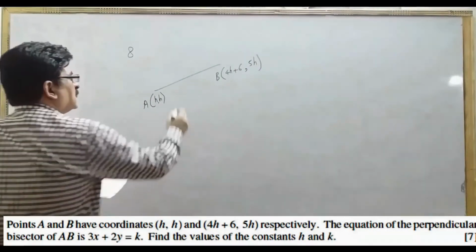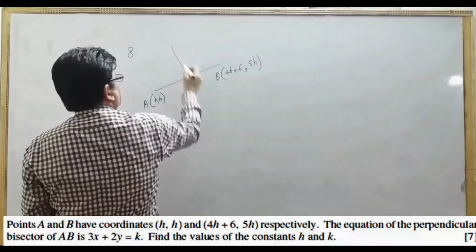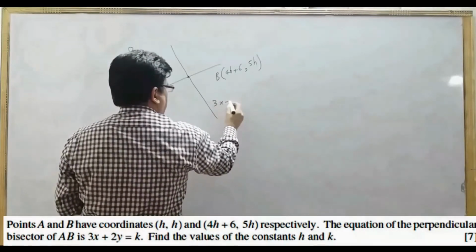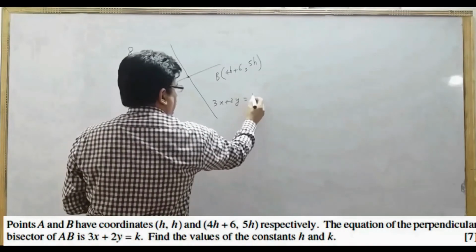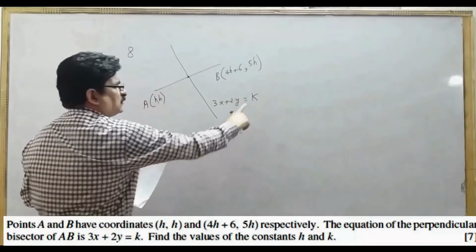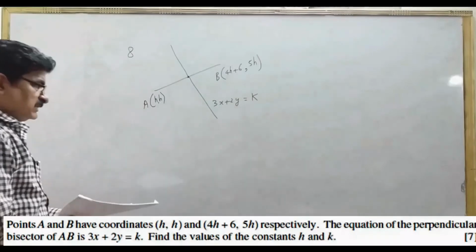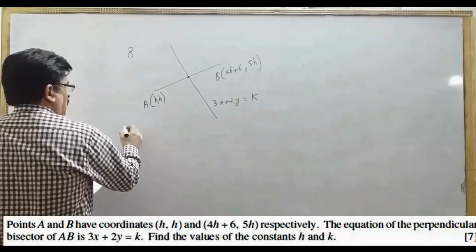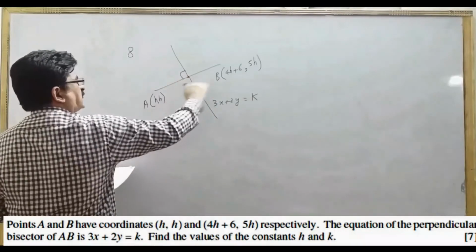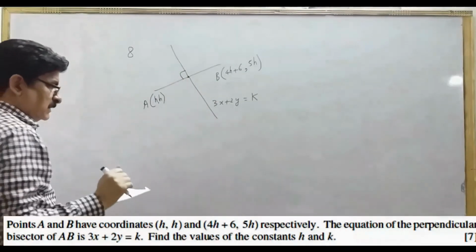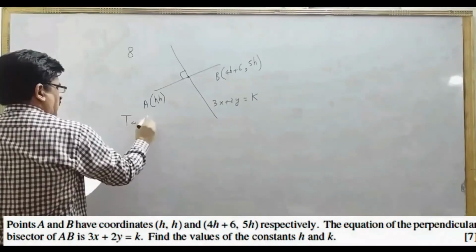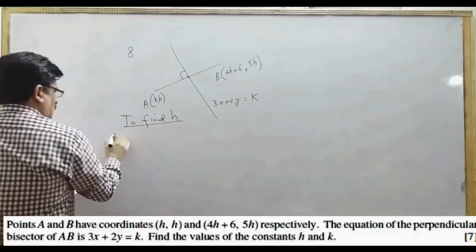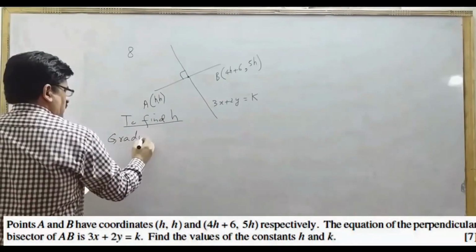Now the perpendicular bisector is this. It has equation 3x plus 2y equal to k. Here we have another unknown, which is k. Now as these two lines are perpendicular, I will use this idea to find h. Now you will write gradients.